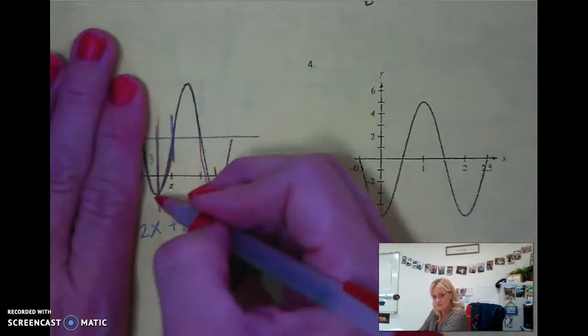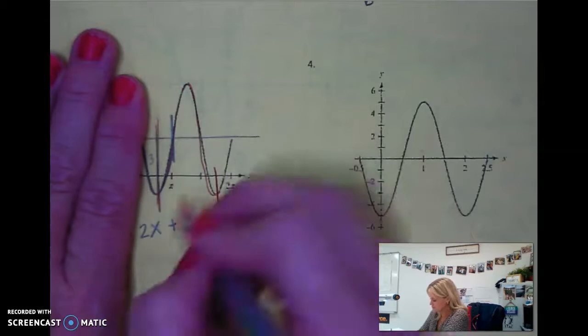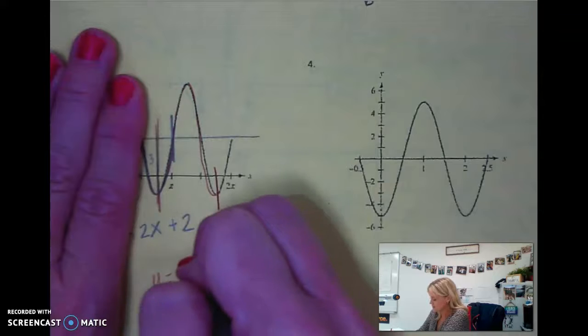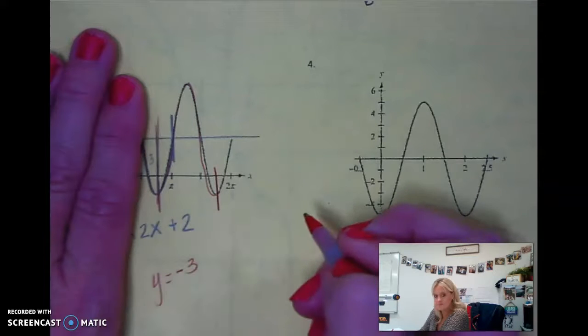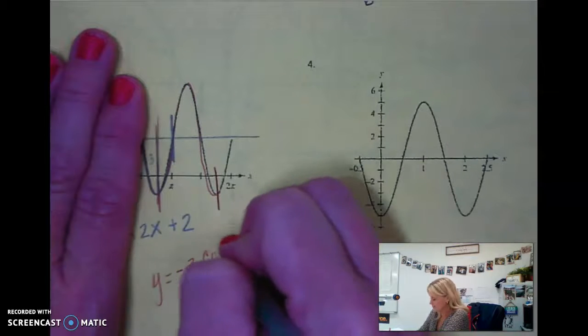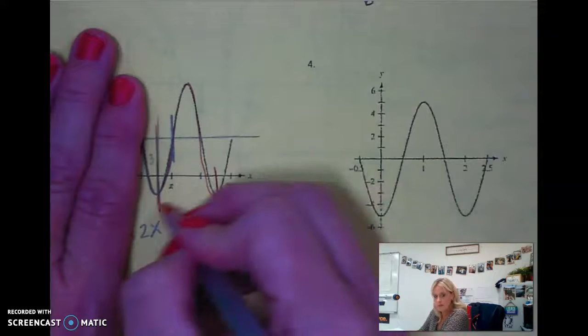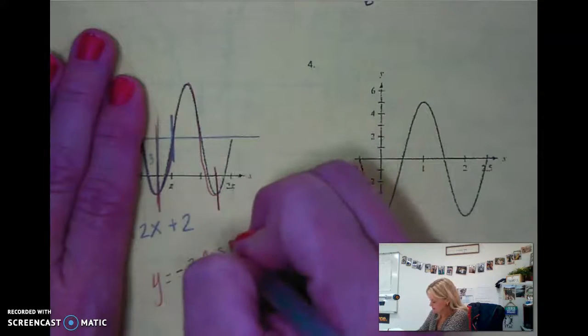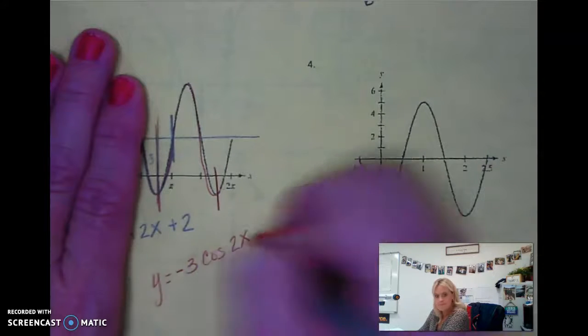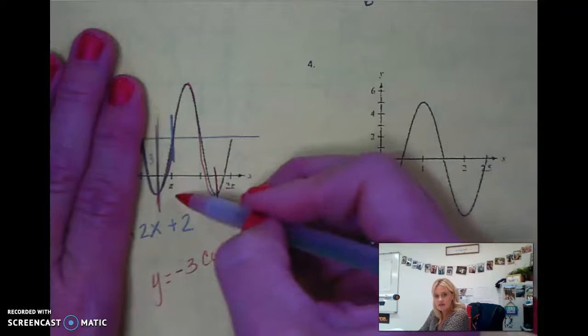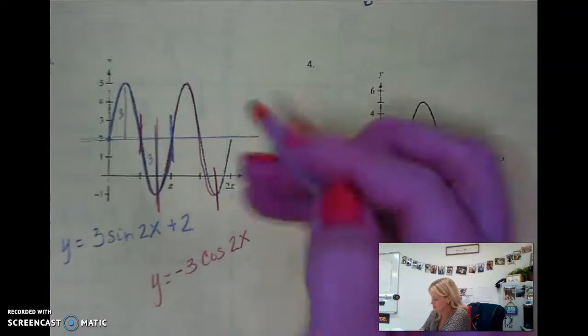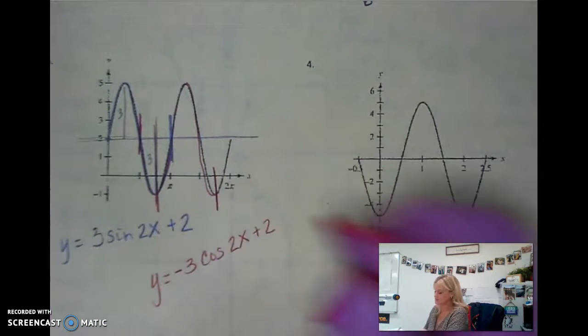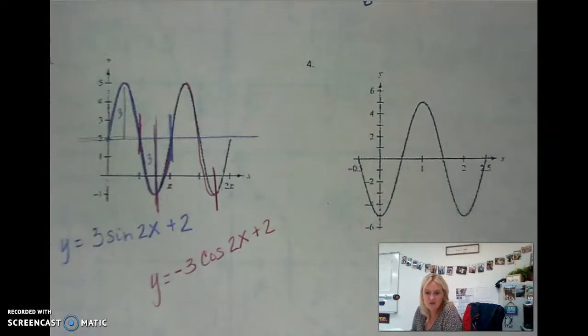Well, first of all, it's flipped, so it would be a negative 3. The period is still only 1 pi. And how did it shift up? The midline shifted up by 2. So do you see how there's also a cosine wave inside the sine wave?